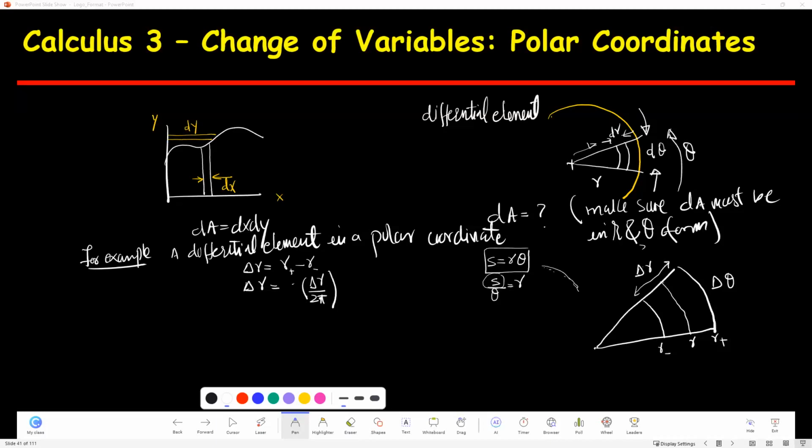I can write minus like this, r delta theta or 2 pi. Same thing, delta theta or 2 pi. Then I'm going to multiply both sides by pi r plus square and pi r minus square.